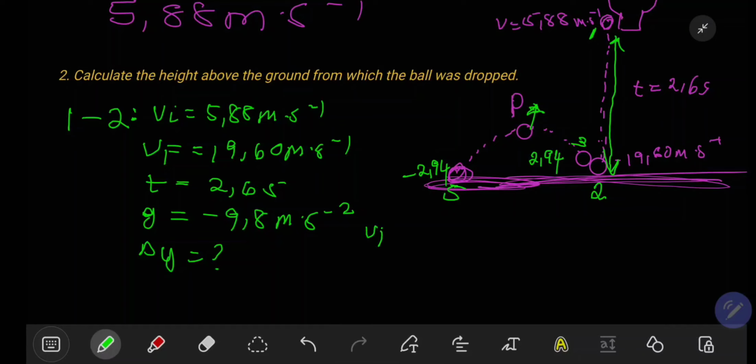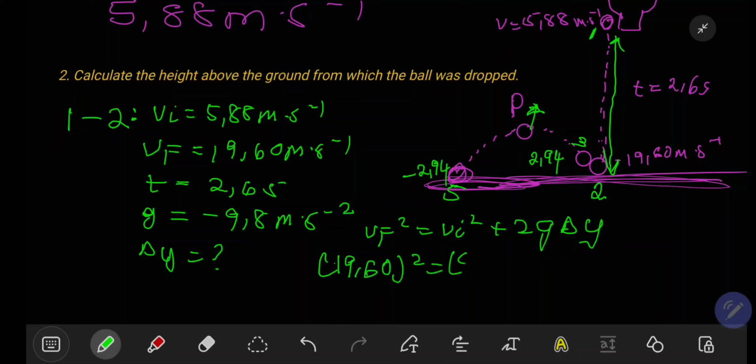Vf squared is equal to Vi squared plus 2 gravity multiplied by the displacement. 19.60 squared is equal to 5.88 squared plus 2 into negative 9.8 times the change in displacement.